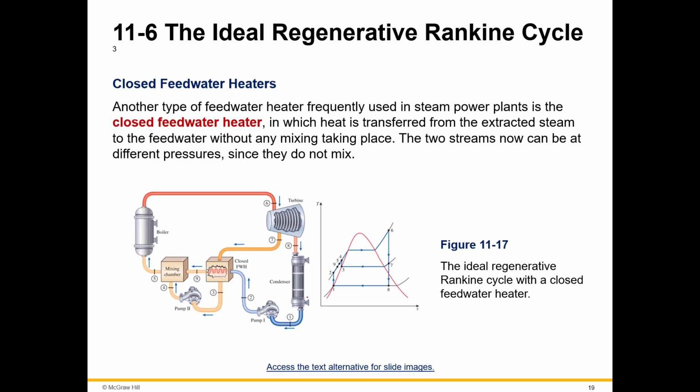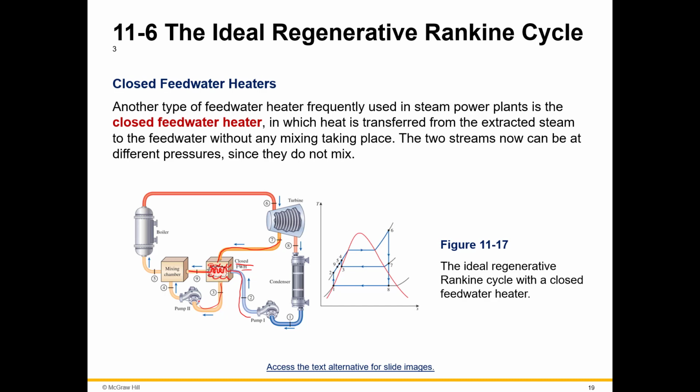So the closed feed water heater, here it looks a lot like an open one, but you can see that this feed water right here is going in and it's going through the tubing right here, and it's coming out of here. And then the steam is coming in and it's heating everything around it, and then it's exiting.